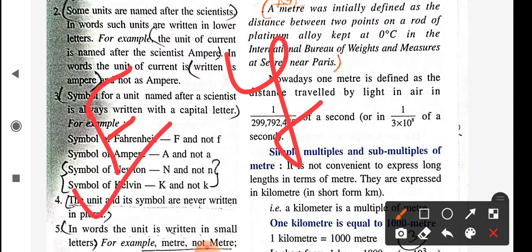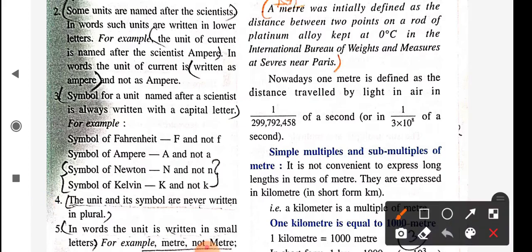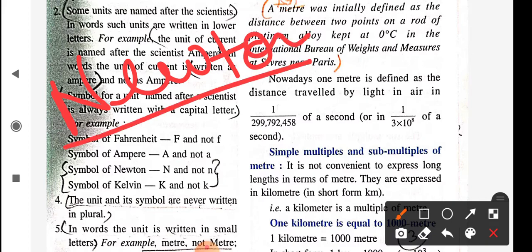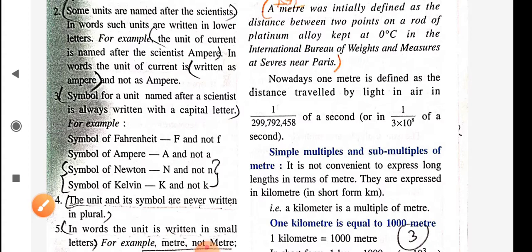Same with Newton: the first letter is capital N, so we write capital N, not small n. When we use a symbol for a unit named after a scientist, we always write it in a capital letter. Remember.